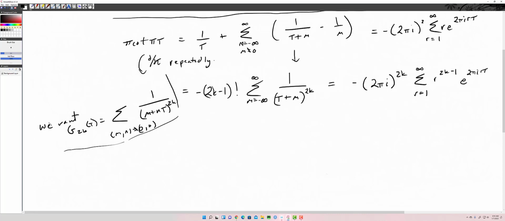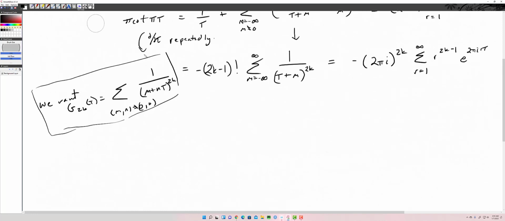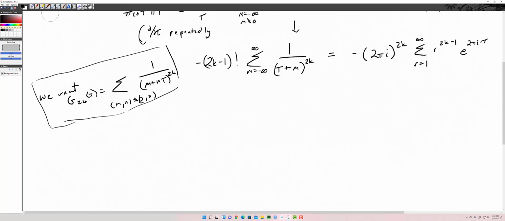What we want is this, okay? That is not equal to this, so I'm going to remove that just so there's no confusion. So what we're going to do here is get this by itself. Okay, so I'm going to divide this off. I should probably be very careful with indexes. And let's say 2 pi i quantity to the 2k over 2k minus 1 factorial.